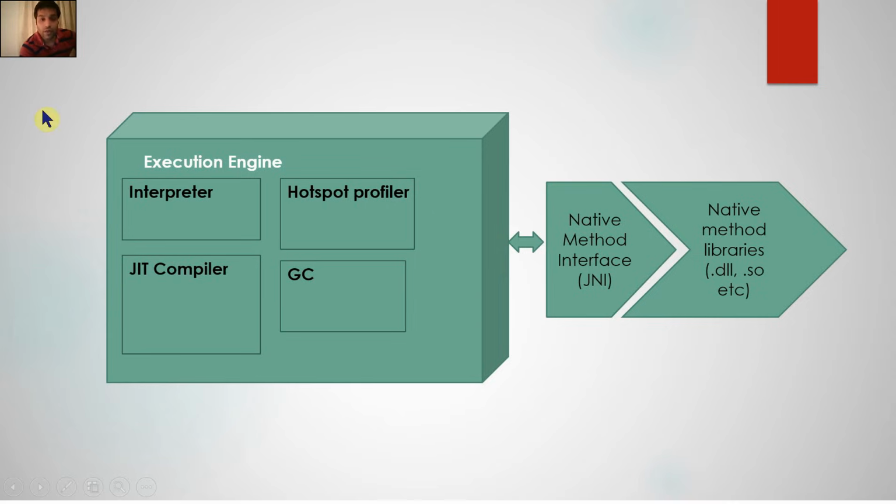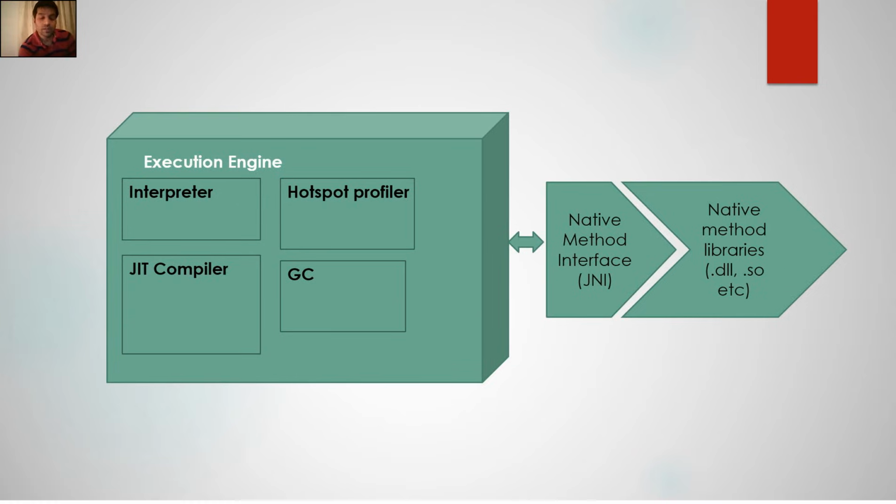That's what the hotspot profiler does. It keeps an eye on the bytecodes that are running and grabs a lot of different statistics from those bytecodes that can be used in various ways. That is the role of the hotspot profiler. In this case, it helps the JIT compiler compile frequently used instructions.